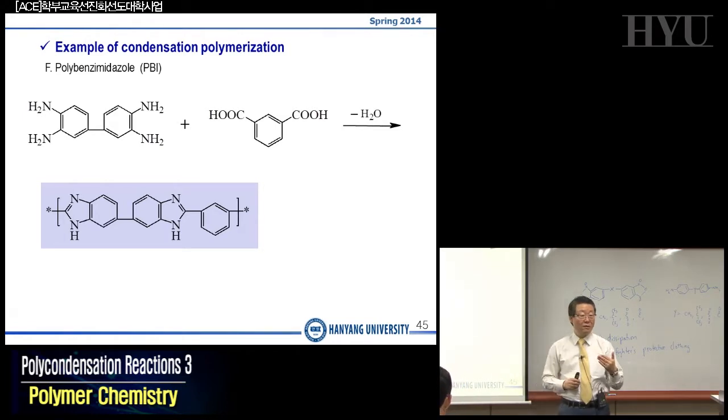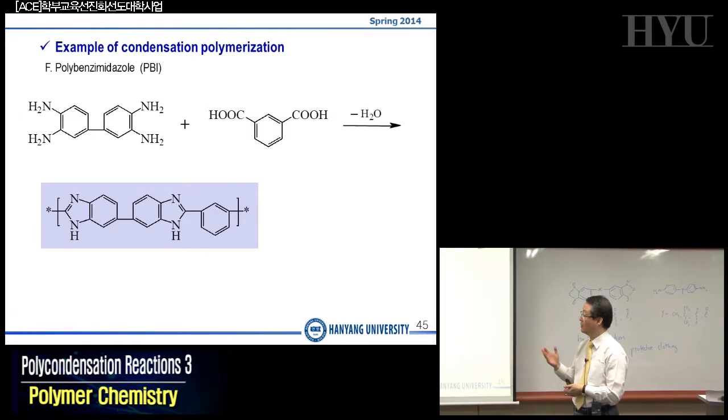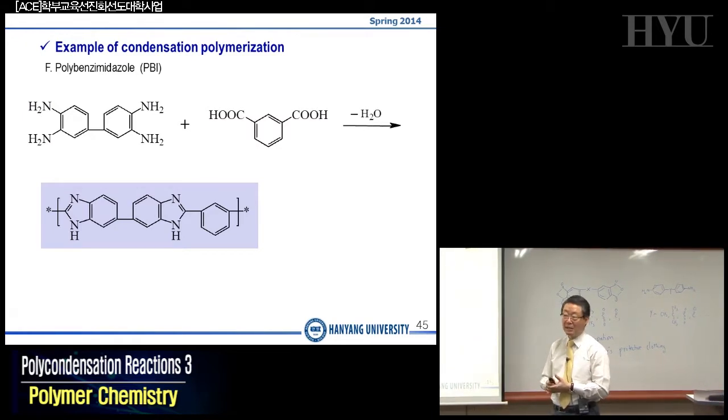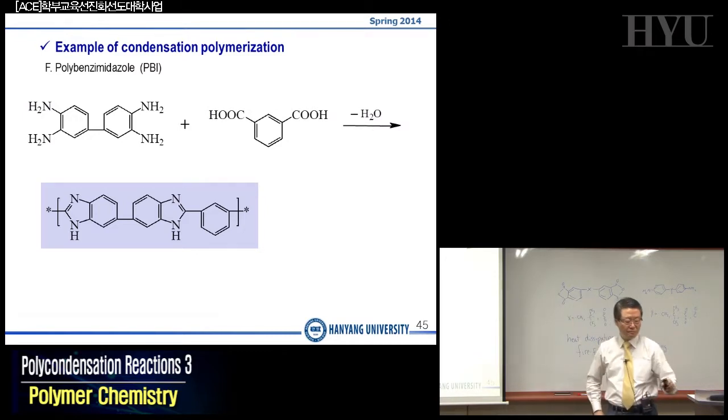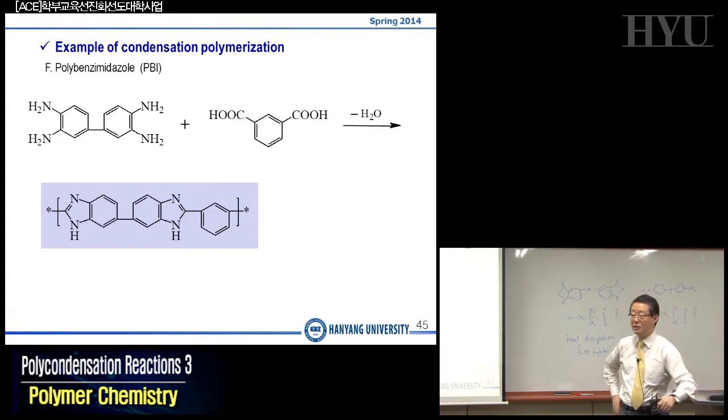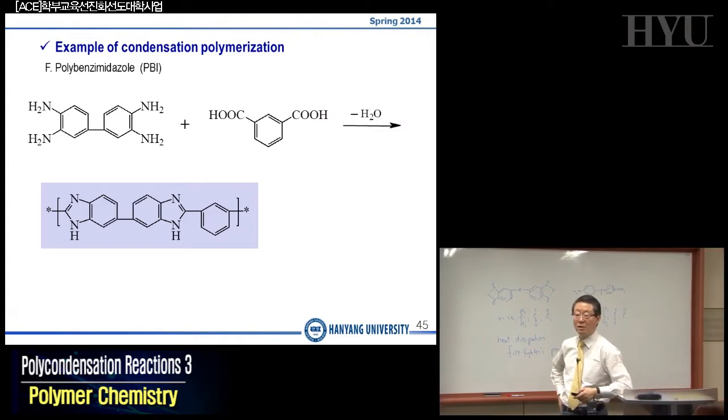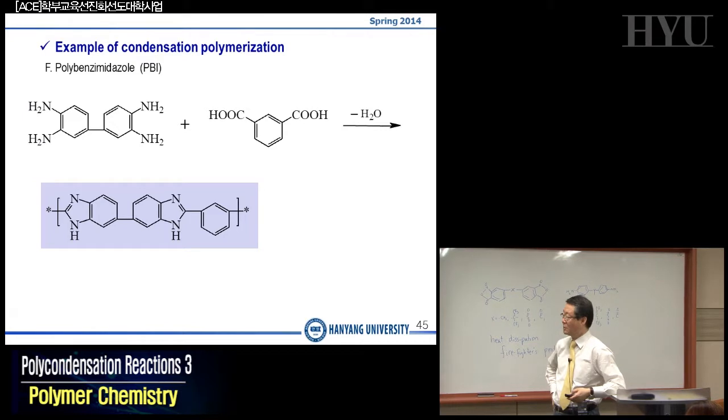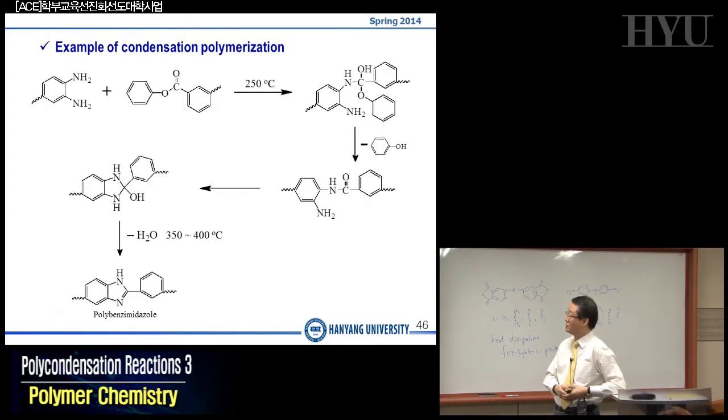And he filed the patents, and the Celanese company licensed his technology, and they started to produce this from 1966, along with NASA. This fiber was later produced by Celanese in 1979. And I was involved with these polybenzimidazoles in my PhD thesis.